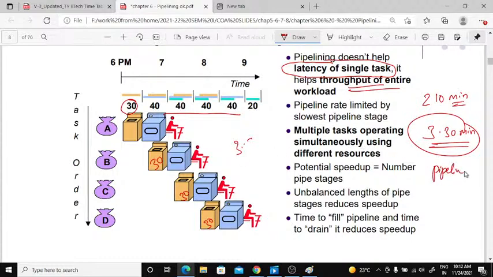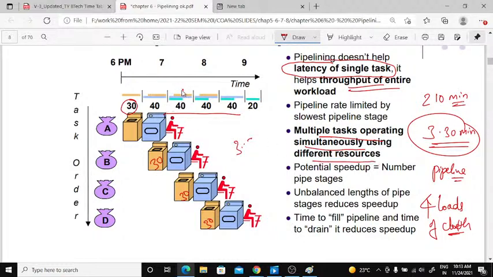Means we are completing all four loads of cloth in how many, 3 hours 30 minutes. So that is pipelining: multiple tasks operating simultaneously using the different resources.